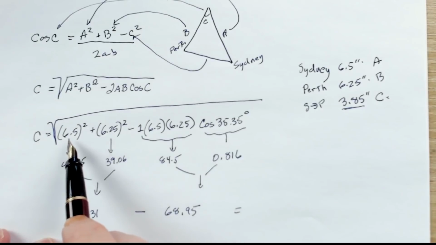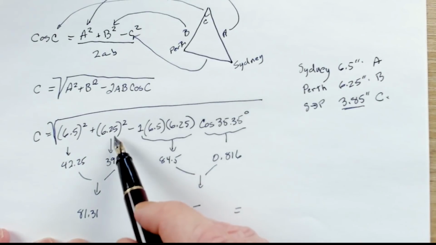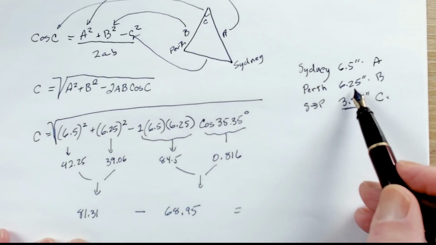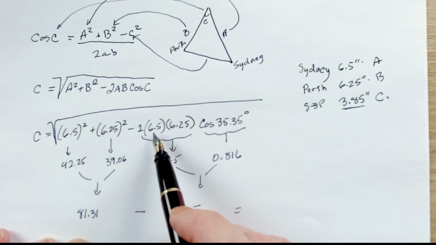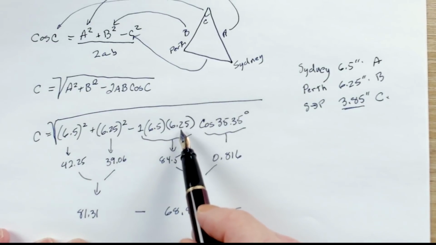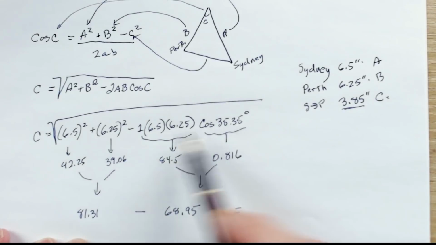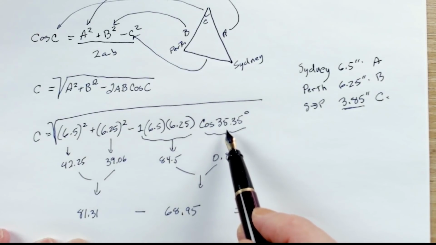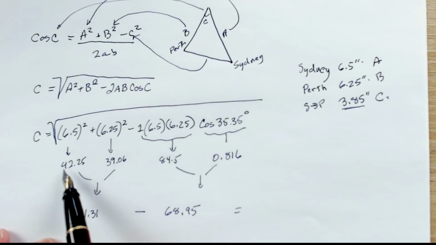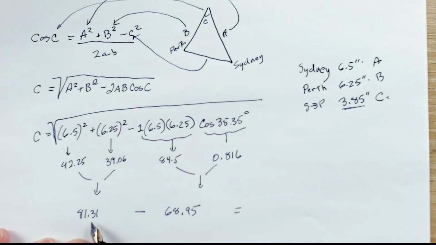So we have 6.5 squared from the distance from the North Pole to Sydney. We have 6.25 squared, distance from the North Pole to Perth, minus 2 times 6.5 times 6.25, that's the 2AB here, times the cosine of the difference in longitude between the two, which is 35.35 degrees. Now, I've got the answers here, and I've added them together to get 81.31.